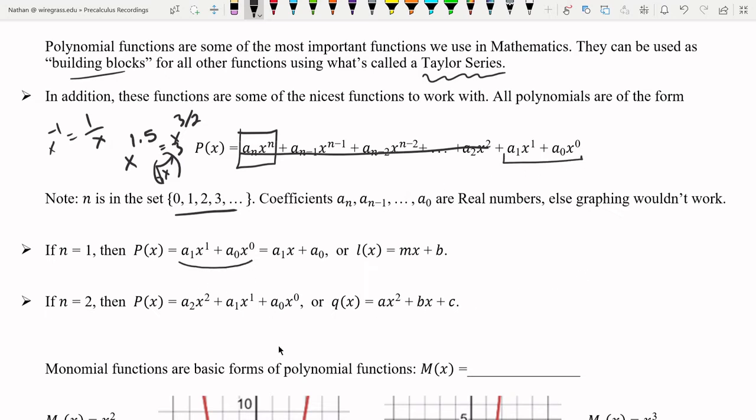And x to the 0 is just equal to 1, so this just becomes this. I'm going to rename a1 to m and a0 to b. And that's what gives us L(x) equals mx plus b. So linear functions are actually the simplest type of polynomial.